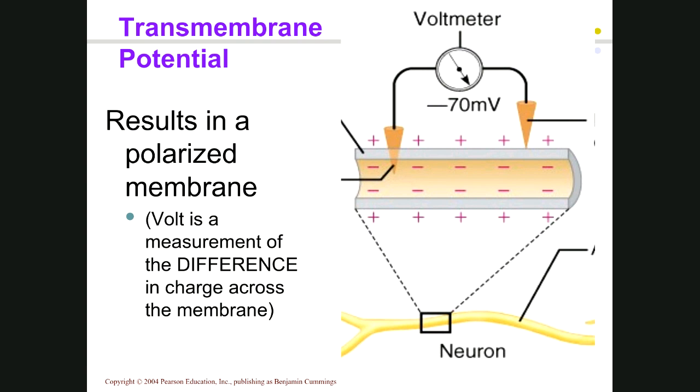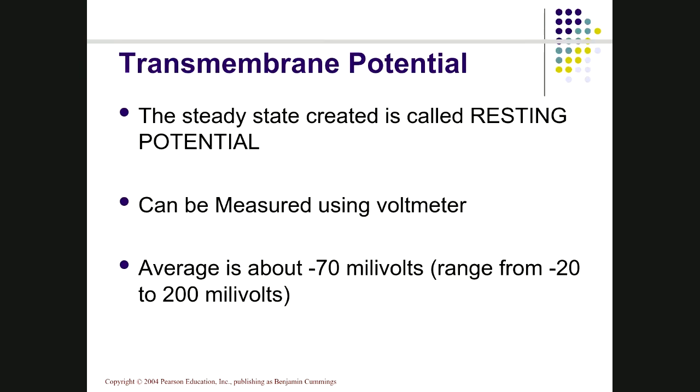So there's a 70 millivolt difference between the two sides, and the inside is negative compared to the outside. So minus 70 millivolts. That's an average, but it's minus 70 millivolts.